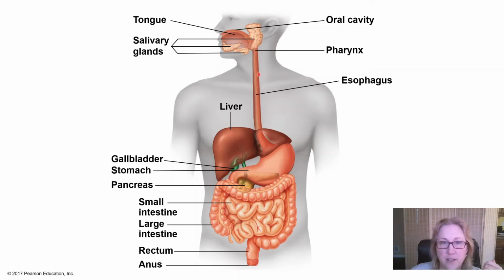The esophagus doesn't do any digesting or processing of the food. It's just moving it down to the stomach. The stomach, we'll talk about what the stomach does. Then food goes into the small intestine, where the vast majority of both digestion and absorption takes place. And then the food moves into the large intestine, which is mostly about absorbing the water, and a few vitamins and things that we'll talk about too, and then elimination.